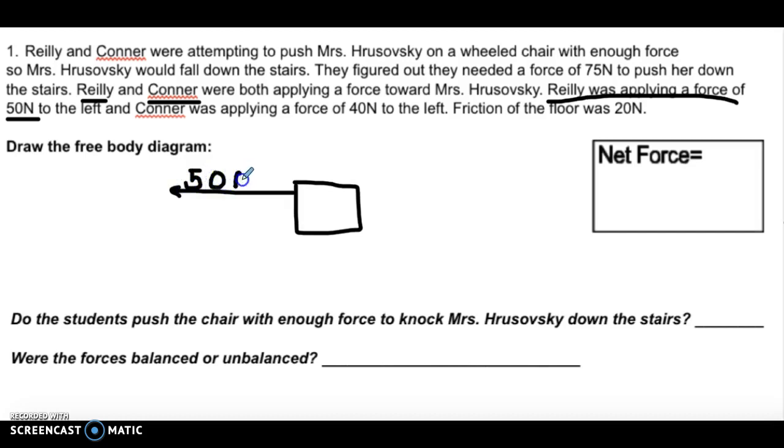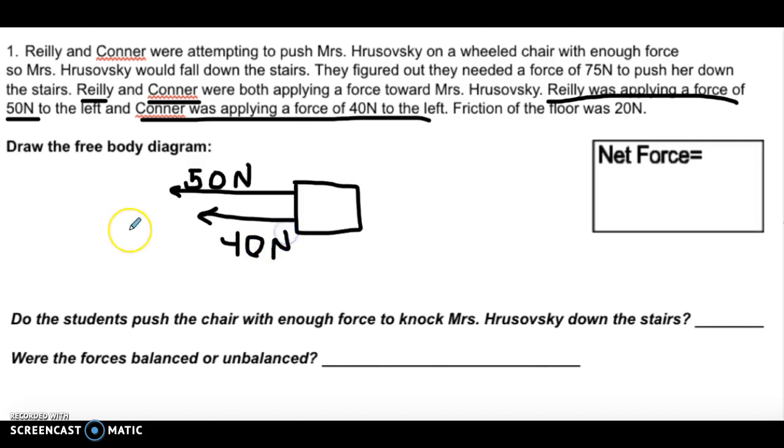And then Connor was applying a force of 40 newtons to the left. So I'm going to draw a smaller arrow for my 40 newtons. And the name for both of these forces is going to be the force applied. So we'll do force applied, F sub A.